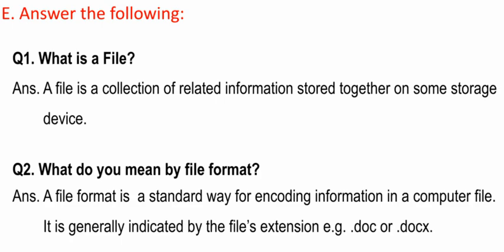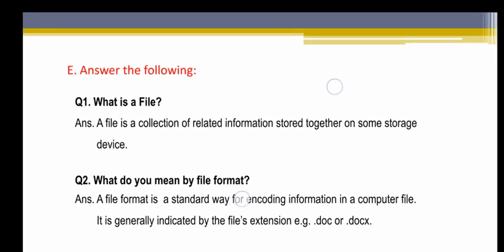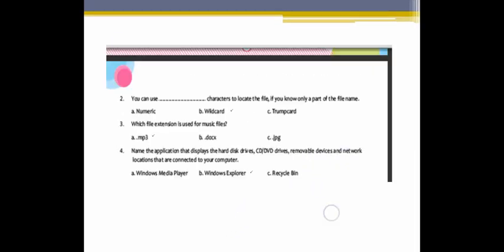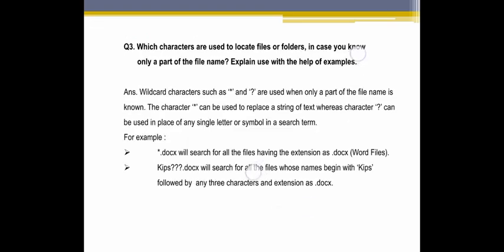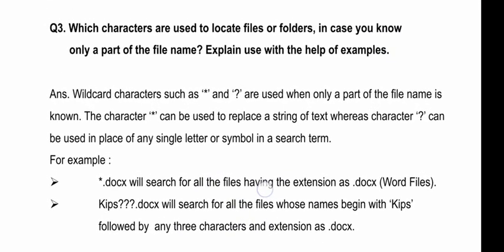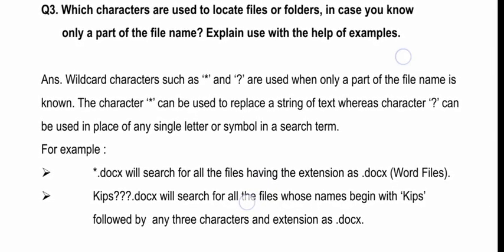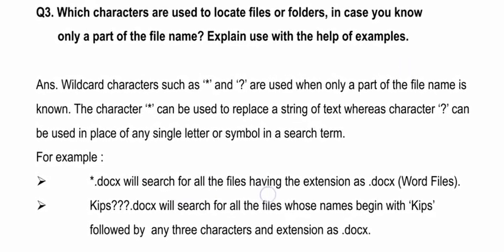So, .doc or .docx is the file format which will save document files in which we are writing the text. Same way we have another file format like .mp3 in which we will save audio.